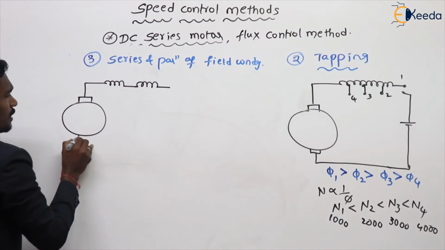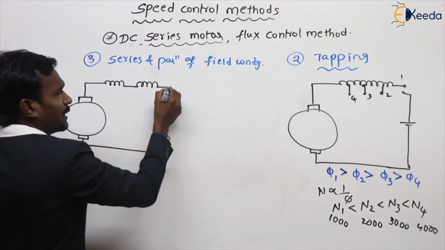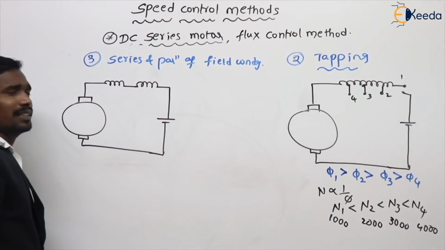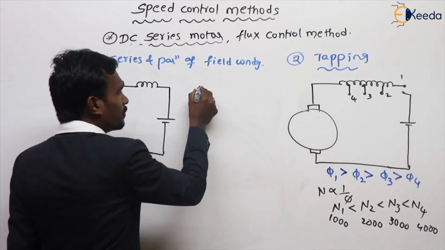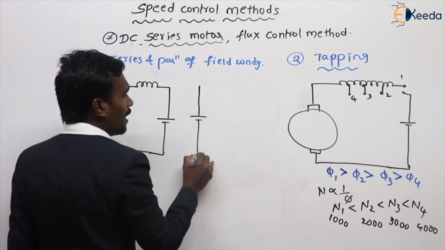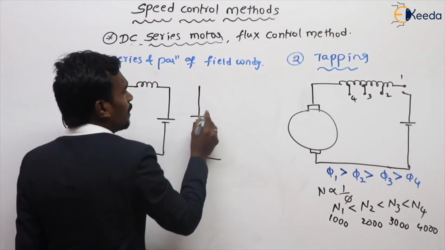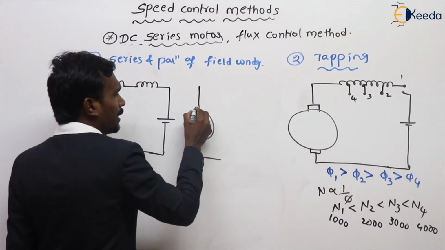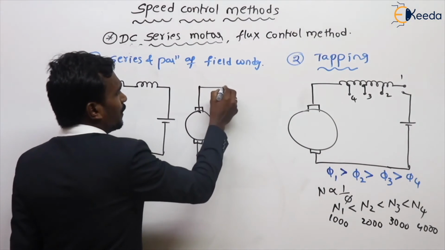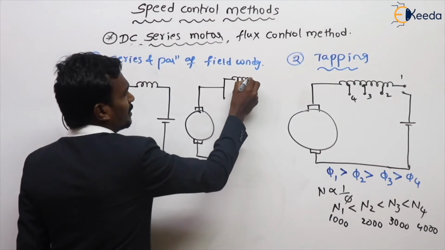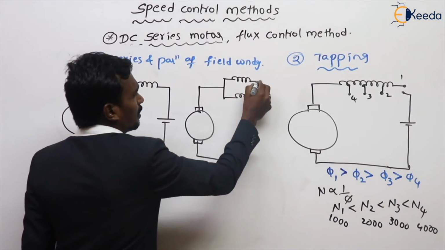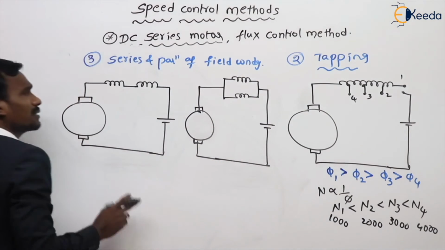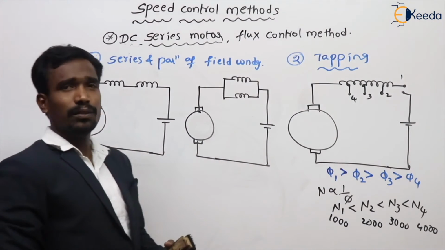This is my field winding, which is divided into two parts and connected here. And next time, the same two parts are connected in parallel. So this is, for example, my armature, and the field windings are connected in parallel like this. This is series paralleling of field winding.